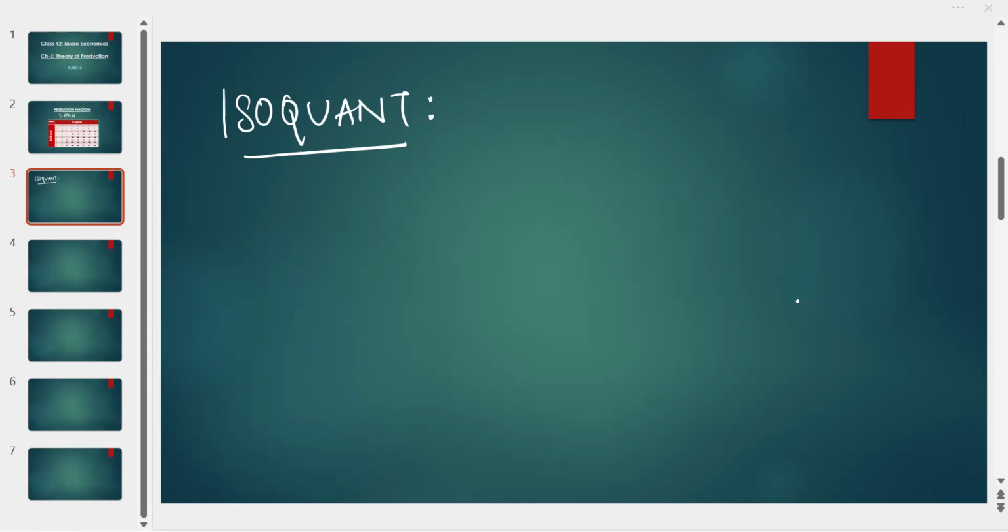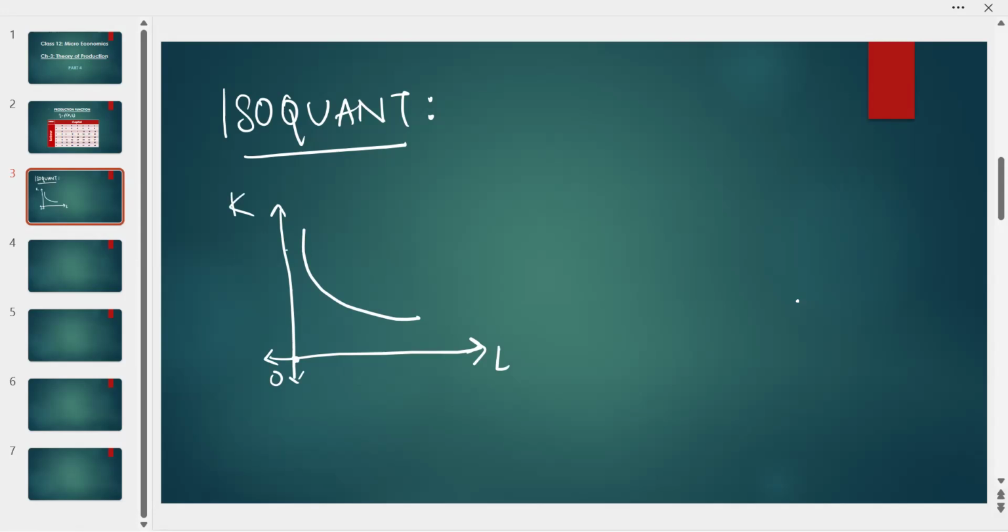Understood? Let's understand with the help of a diagram. Say on the x-axis we put L, that is labor, and on the y-axis we have capital. The isoquant curve generally looks like this. What does it represent?